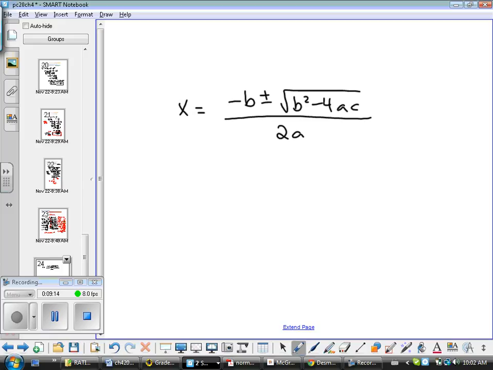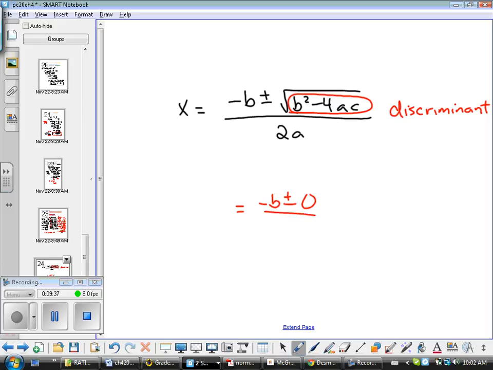Let's take a quick look at that part under the radical sign. That's called the discriminant. The nature of that is going to tell us what kind of roots we have. If that equaled 0, then you would end up with negative b plus or minus 0.